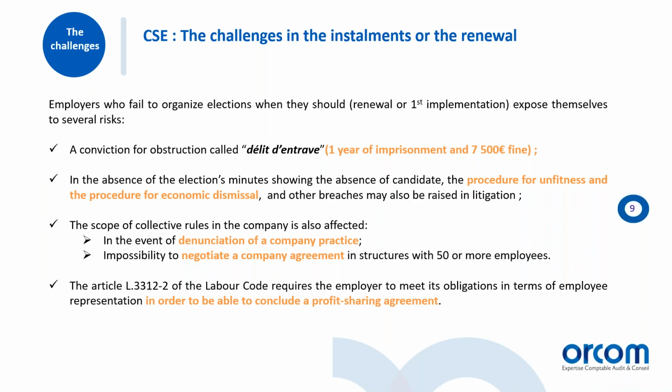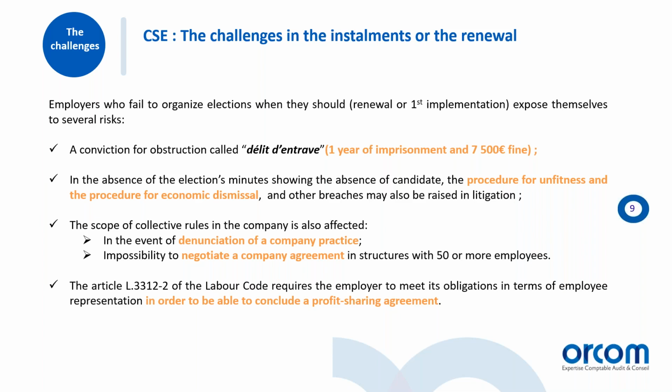In addition, the scope of collective rules in the company is also affected. For example, if you want to do what we call a denunciation of a company practice, it means when you want to end a company practice in order to put an end to it or to replace it, it's also necessary to inform the CSE.